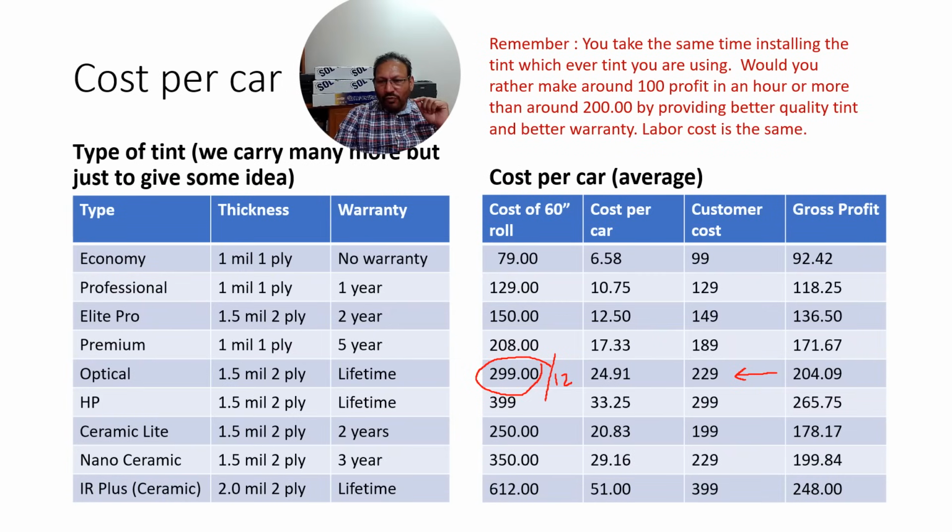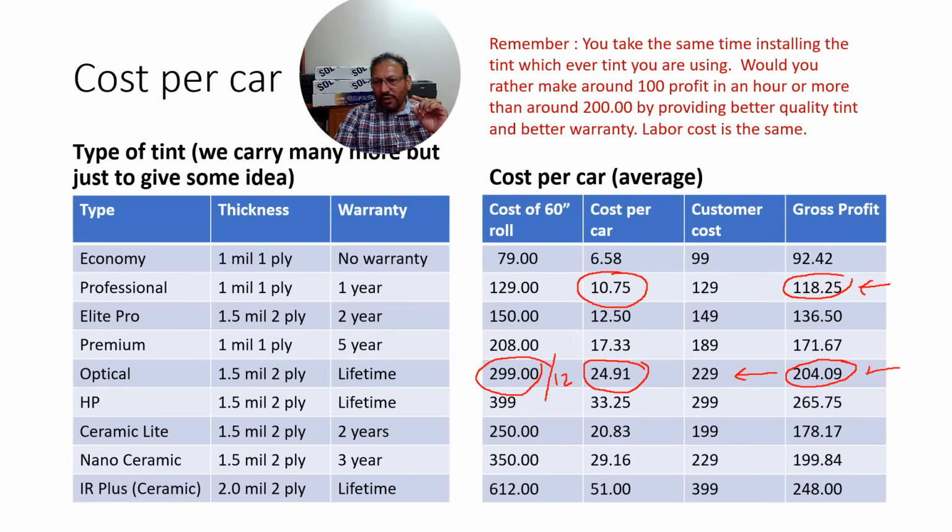So remember, if you are spending $25 on a car and you're making a profit of $204, and here you're spending $11 on a car and you're making $118. Now remember, you're spending the same time. If you take an hour and a half to do a car, you are spending an hour on a car. Here in 1 hour you're making $118.